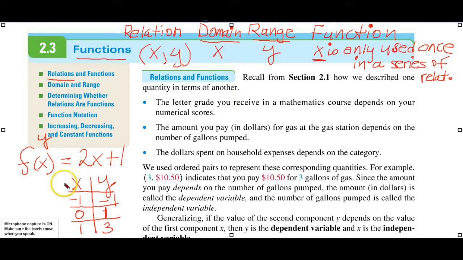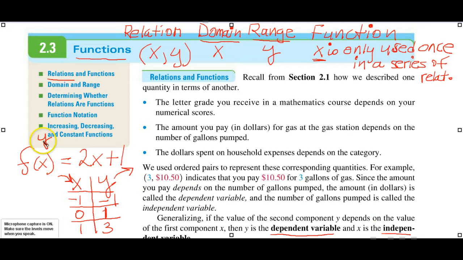So what we're doing is inputting a value for x, and we get an output of a value of y. So this value in, this value out. Now, what they're talking about in our text here is that there's a dependent variable and an independent variable.